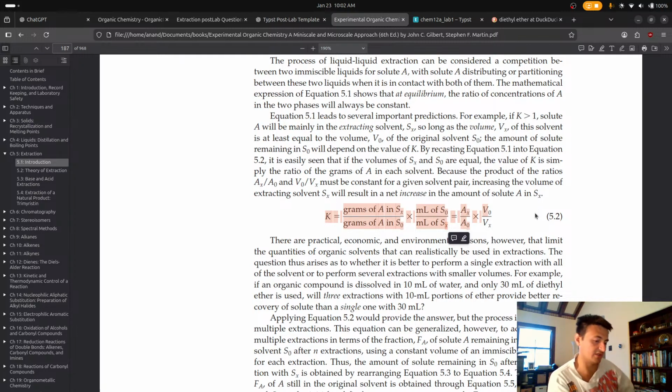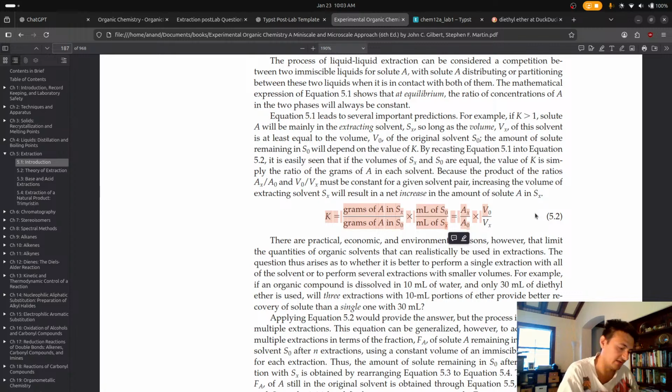And we happen to know, so let's call this X and let's call this Y. So X over Y is equal to 2, and we know that X plus Y is equal to 5 grams. So then we can just do the math. X is equal to 2Y, so 3Y equals 5, Y is equal to 5 over 3.